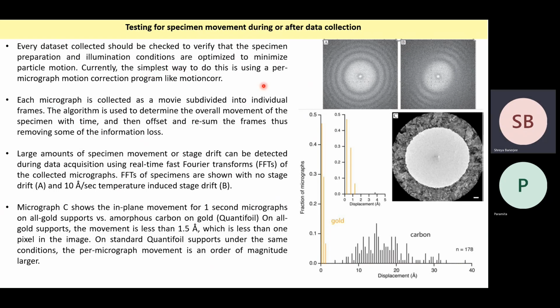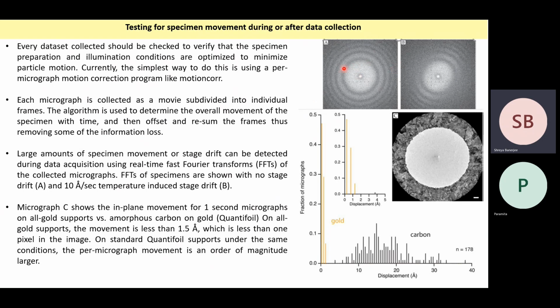Currently, the simplest way to do this is using a per micrograph motion correction program called MotionCor. Each micrograph is collected as a movie subdivided into individual frames. The program will detect the movement of the specimen by looking at the different pictures, and then it will correct that movement.